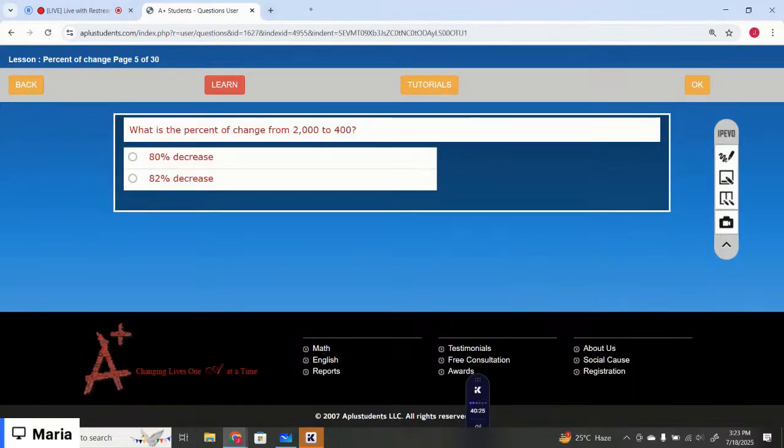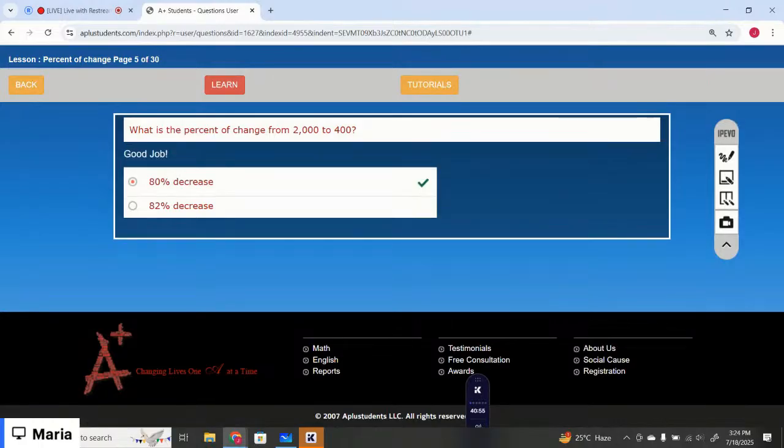That means that is a decrease, 80% decrease it is. The correct option is 80% decrease. Option number one is the correct option.